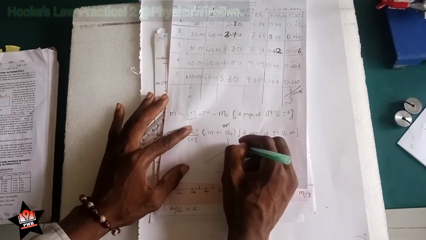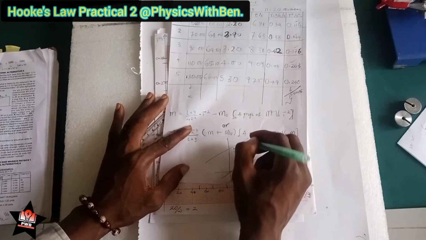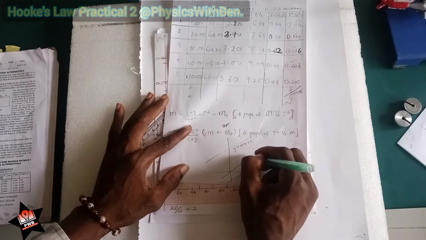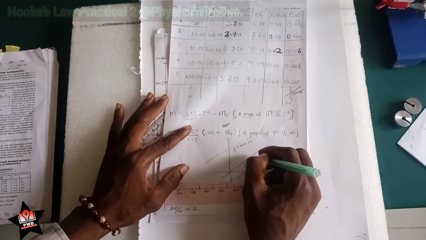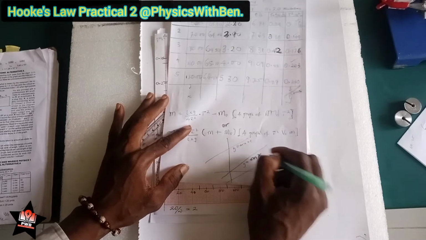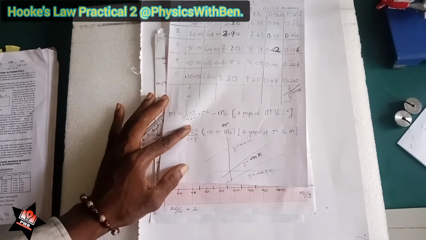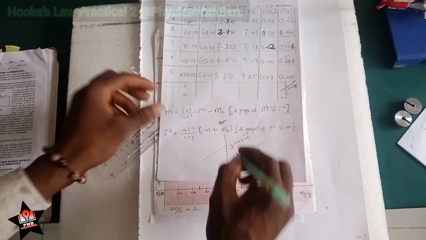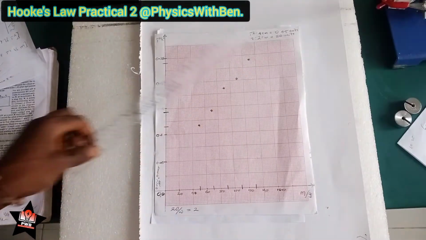This is y equals mx, and this is y equals mx plus c. Here y equals mx plus negative c. So obviously this is the graph that we have plotted. You can look at that there.